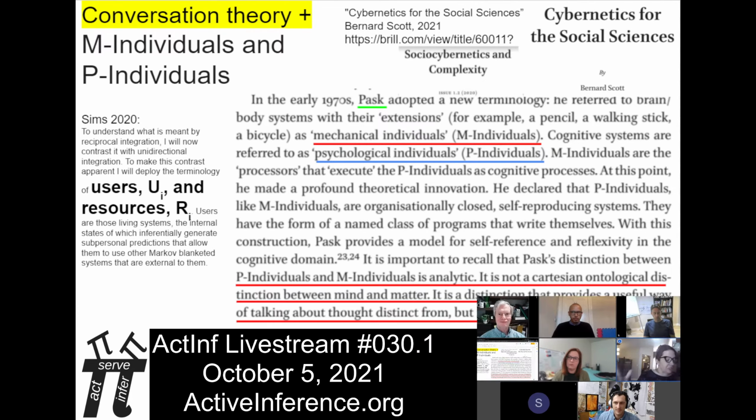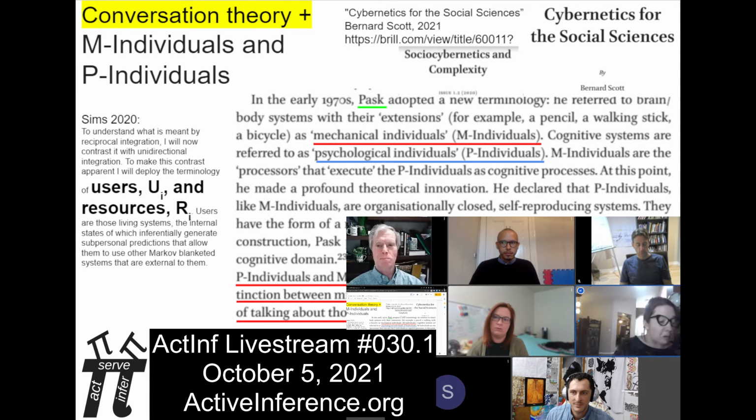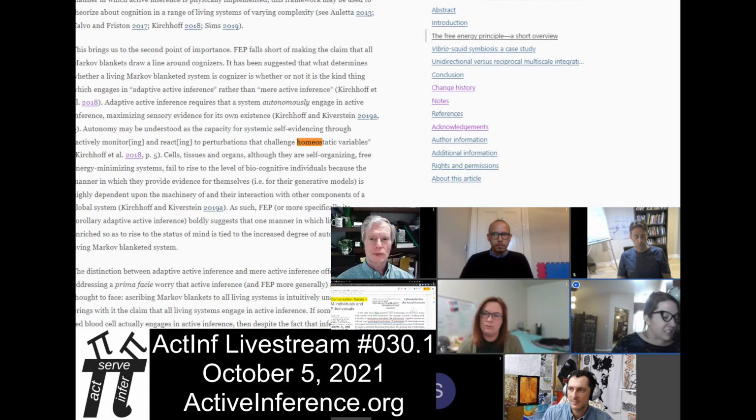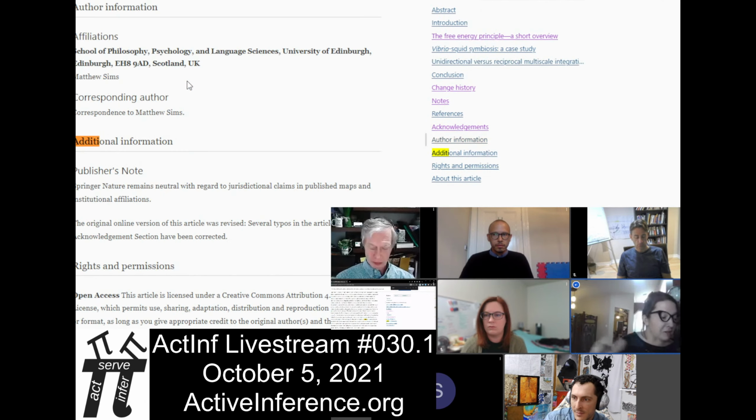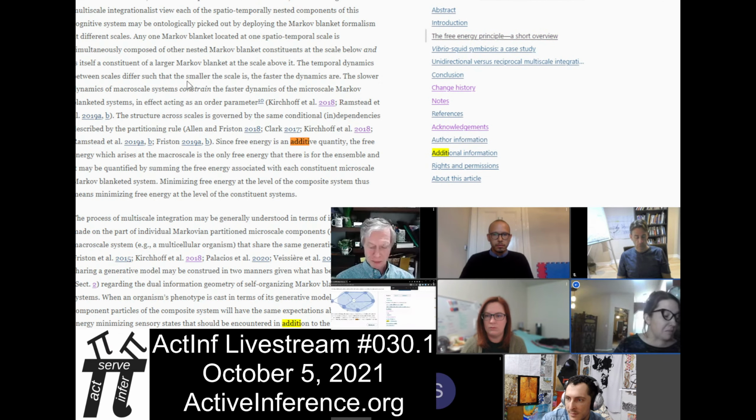So the free energy that arises at the macro scale is only the free energy that there is for the ensemble, and may be quantified by summing the free energy associated with each constituent microscale Markov blanketed system. Right. So is that true? And does that account for emergence? Because I feel like there has to be some greater free energy minimization. And I'm not well versed in the technical mathematics of the FEP.